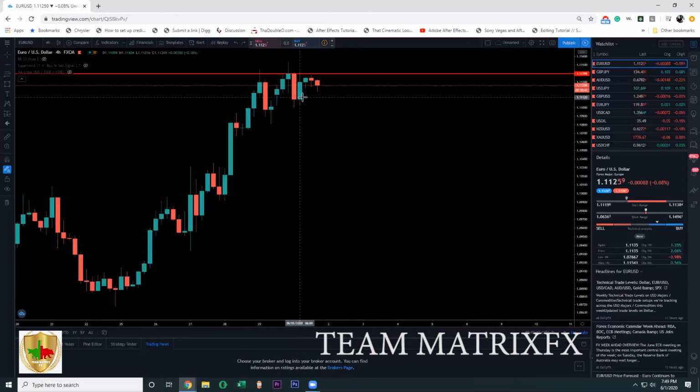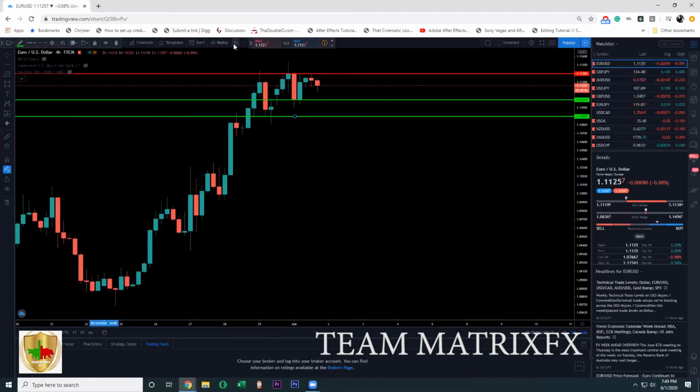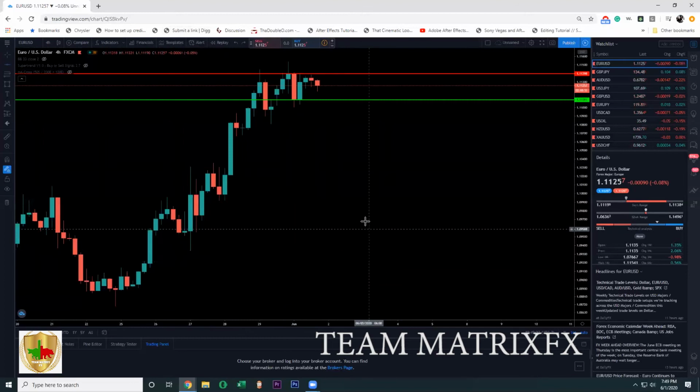So I'm going to make my support right here because these two candles are even in length, and I'm going to make it just like that. All right, so there we go. This right here is your basic support and resistance. As you can see, price is confined within this resistance and this support zone.